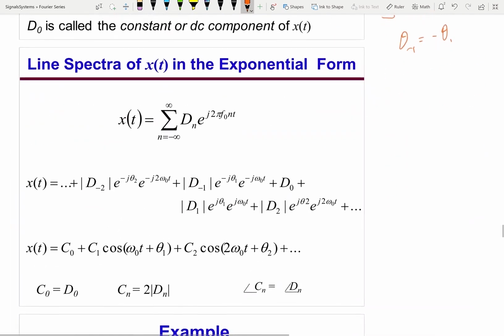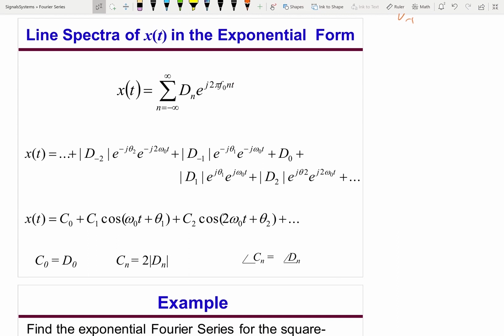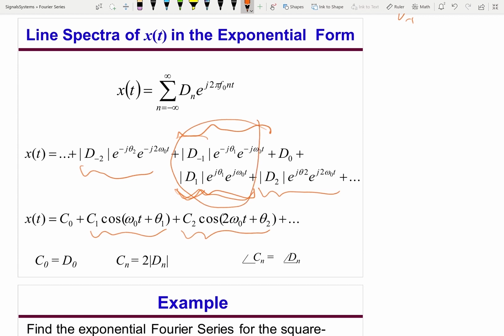And to plot the line spectra, here is why D minus 1 and D1 have to be conjugate of each other. Try to do this summation. Sum these and sum these. You will end up with a cosine function, a real signal. If these two are conjugate, then you will end up with a cosine function, which is this one. So this term plus this term will give you this.